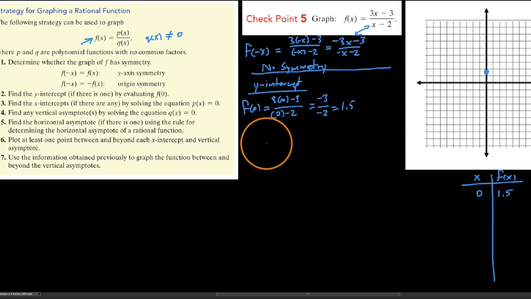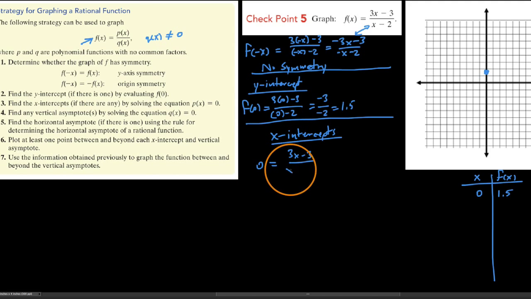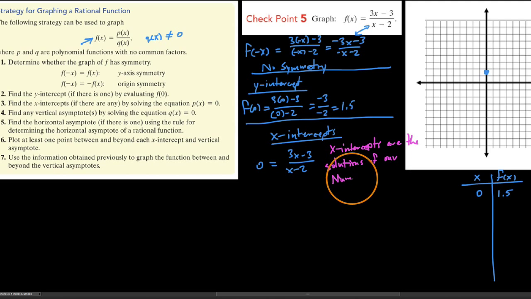Let's go find our x-intercepts. Now, what do you remember about x-intercepts? We plug in 0 for x when we find the y-intercept. How do we find the x-intercepts? We plug in 0 for y. So we're going to set this whole thing equal to 0. And my favorite part about this is the only way a whole fraction equals 0 is if the top equals 0. So the x-intercepts are the solutions of our numerator polynomial.